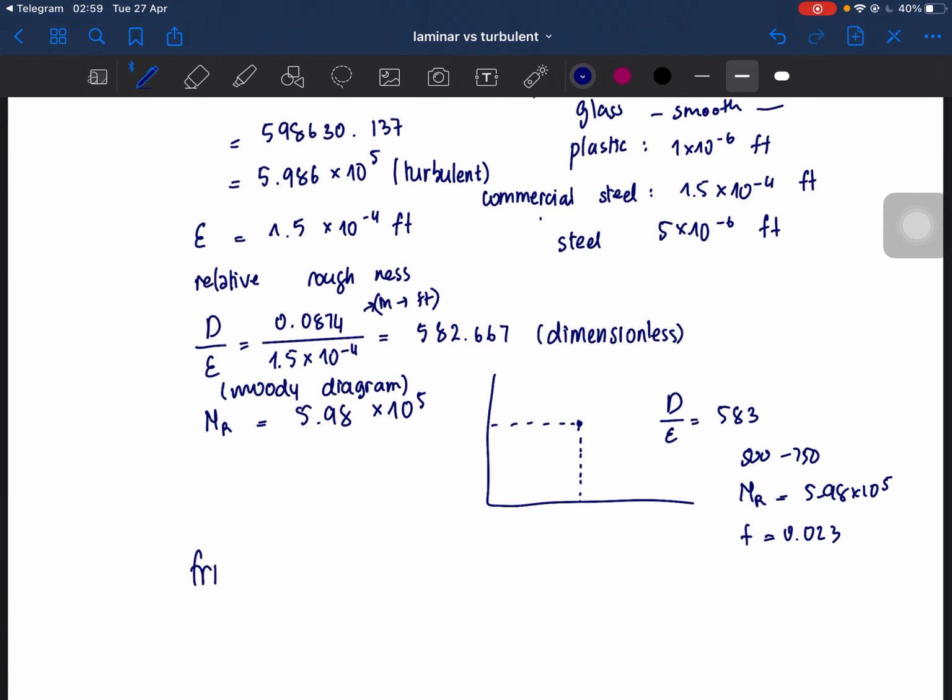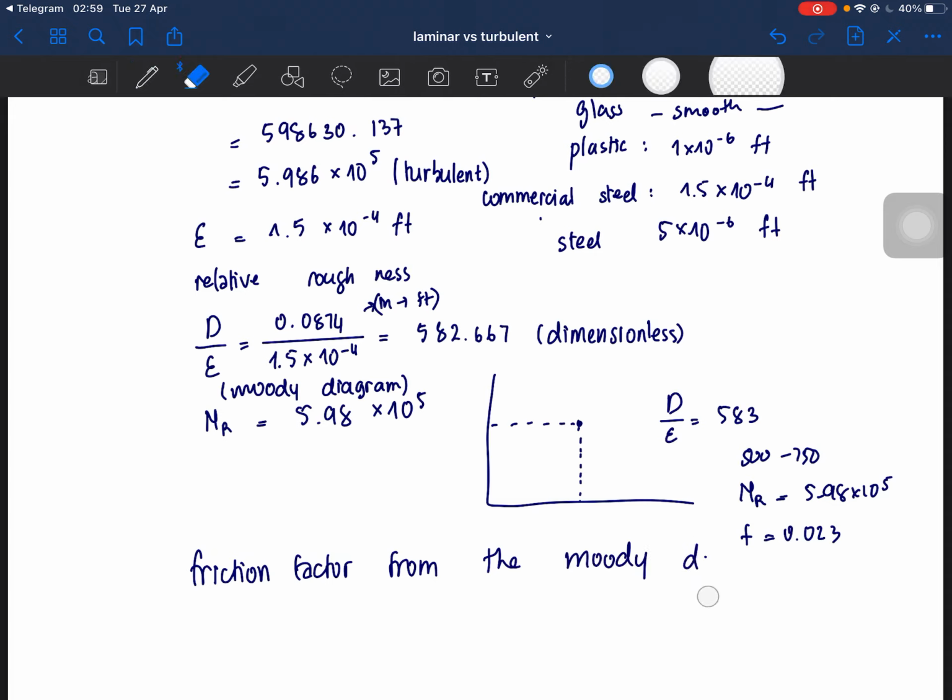So the friction factor from the Moody diagram is f equals 0.02. Okay.